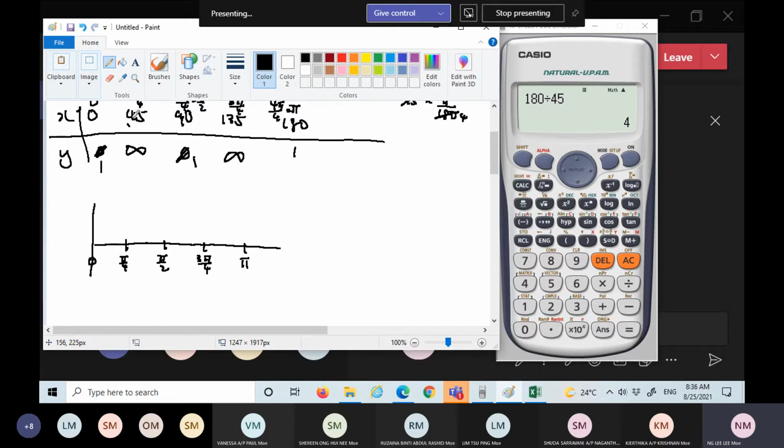Okay, so you see 45 degree give you infinity, 135 degree give you infinity, means these two give you the asymptote. Then quickly draw the asymptote. Okay, then the rest give 1, so you need to mark 1 here. Okay, make it bigger.